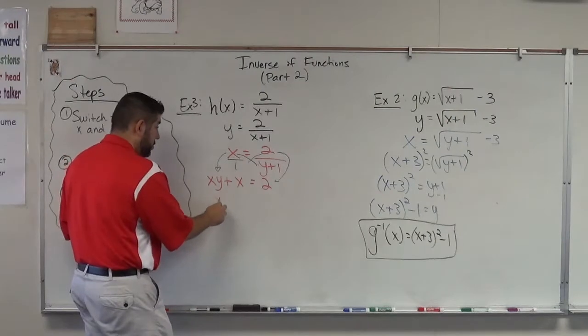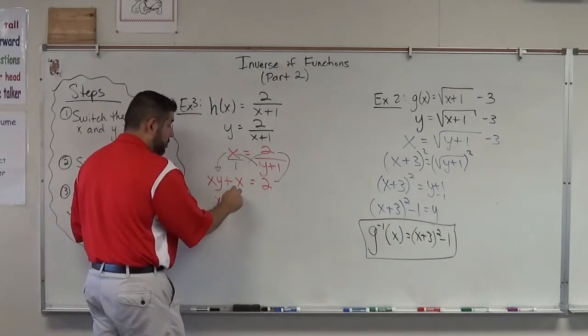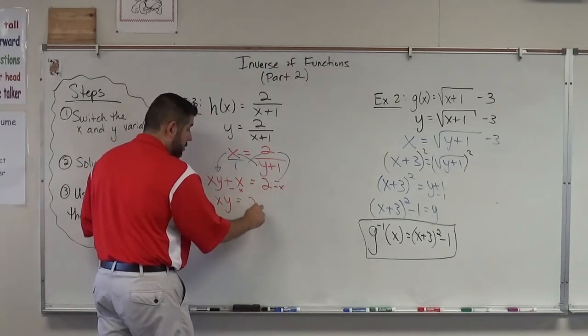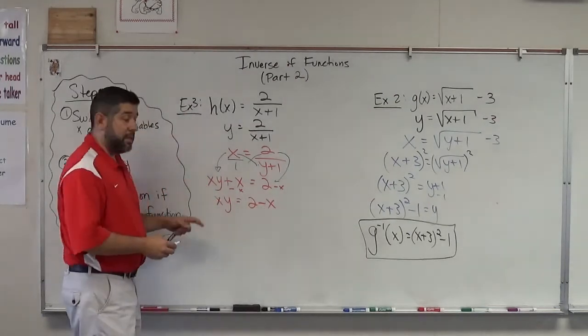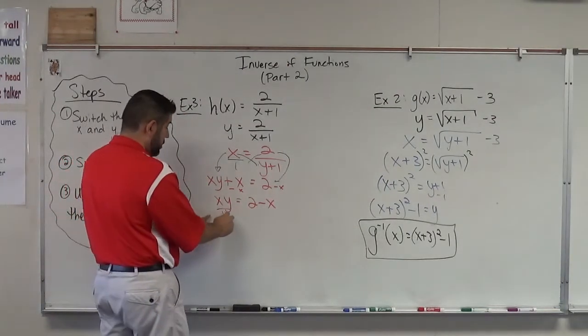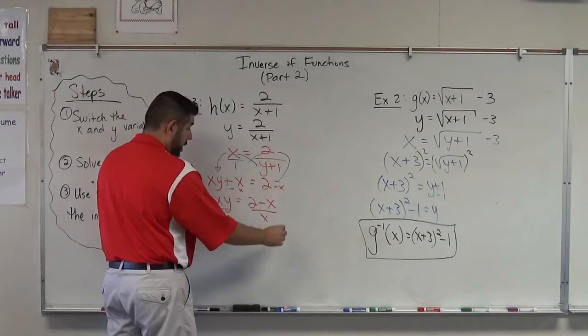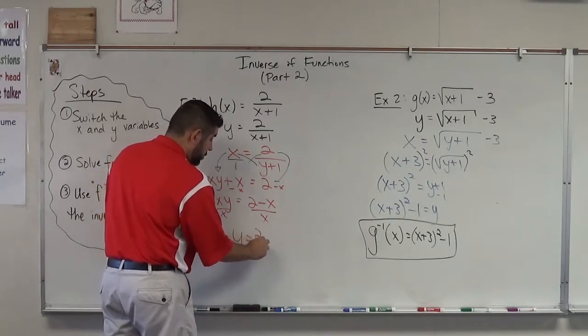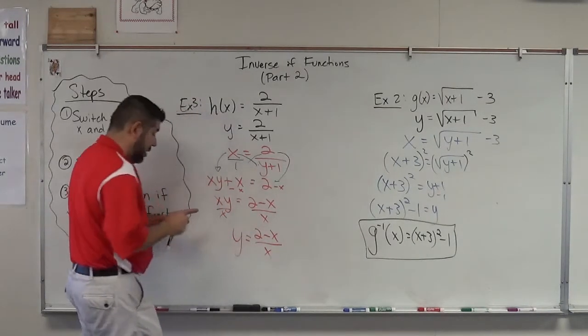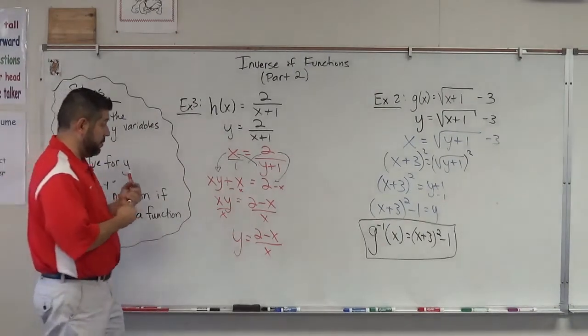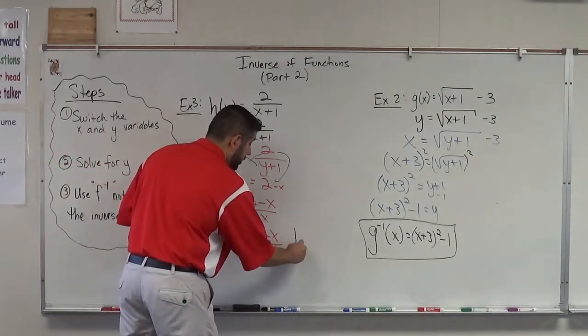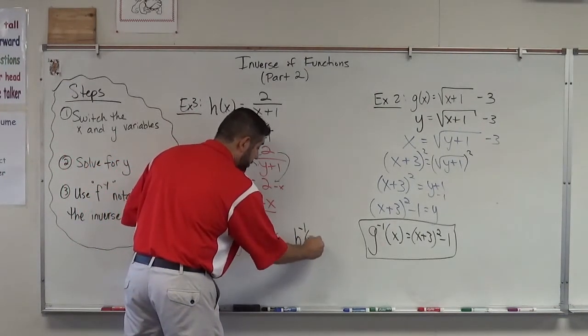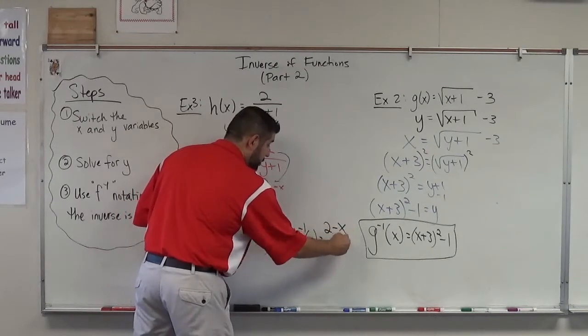Now I'm going to isolate the y by subtracting x over. So I have 2 minus x, and then I'm going to divide by x. And I'm going to get y equals (2 minus x) over x. That in fact is a function. So I'm going to write it as h inverse of x equals (2 minus x) over x.